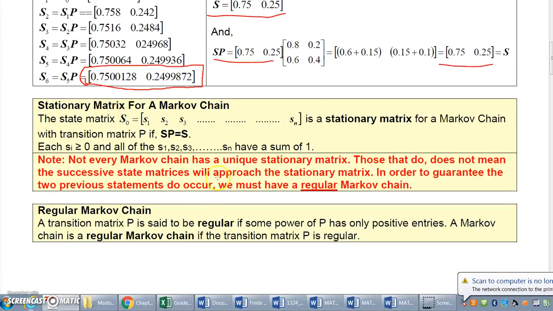So basically that defines what's called a stationary matrix for a Markov chain.